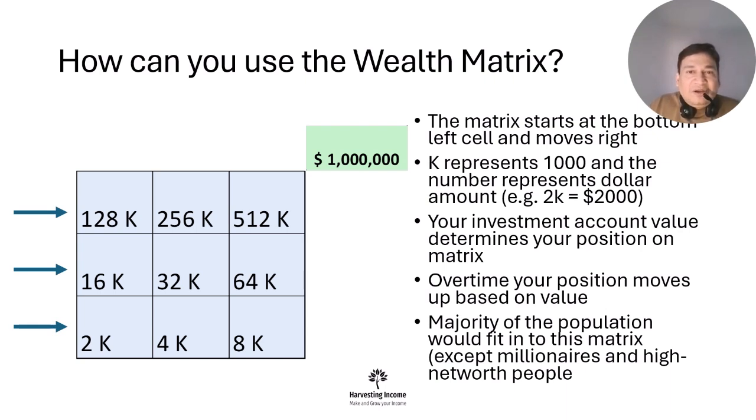I already explained that the matrix starts at the bottom left and moves right. If you are a little confused on how to move, you are moving right: 2K, 4K, 8K, that's how you move. As your wealth and investment value moves up, you move to 16K, then 32K, 64K, and from 64K you move on to 128K, 256K, and 512K. Once you reach 512K, you are moving closer to the $1 million mark.